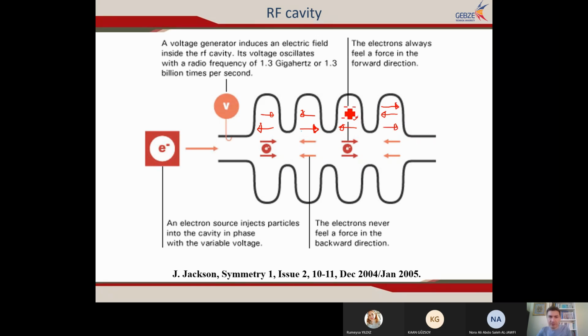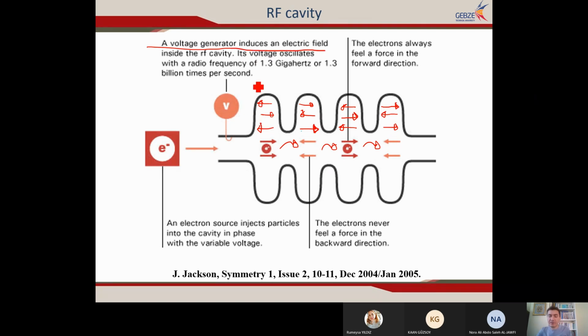Then this will be backward, this will be forward, this will be backward. So whenever the electron enters the second place, third place, fourth place, you play with the voltage generator, which induces an electric field inside the RF cavity.